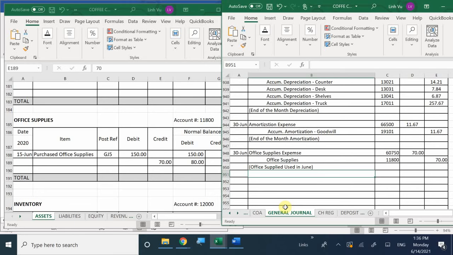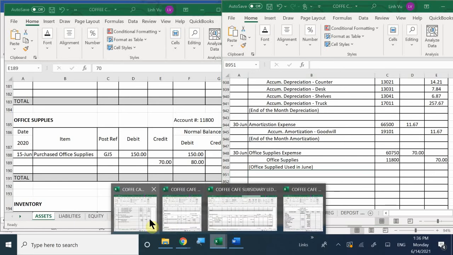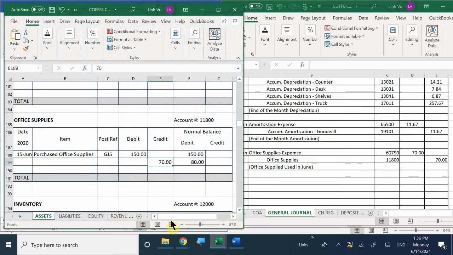All right, back to the ledger. Since we're already here, I'll go ahead and do this one first.